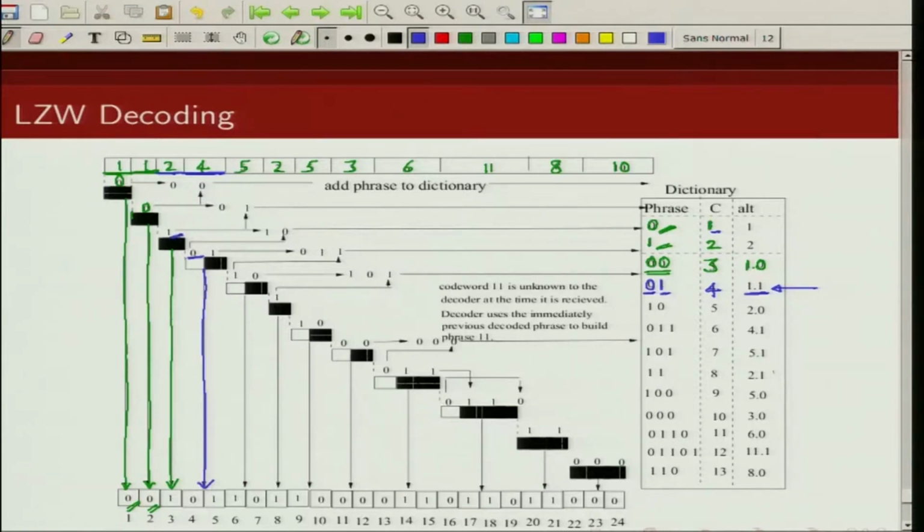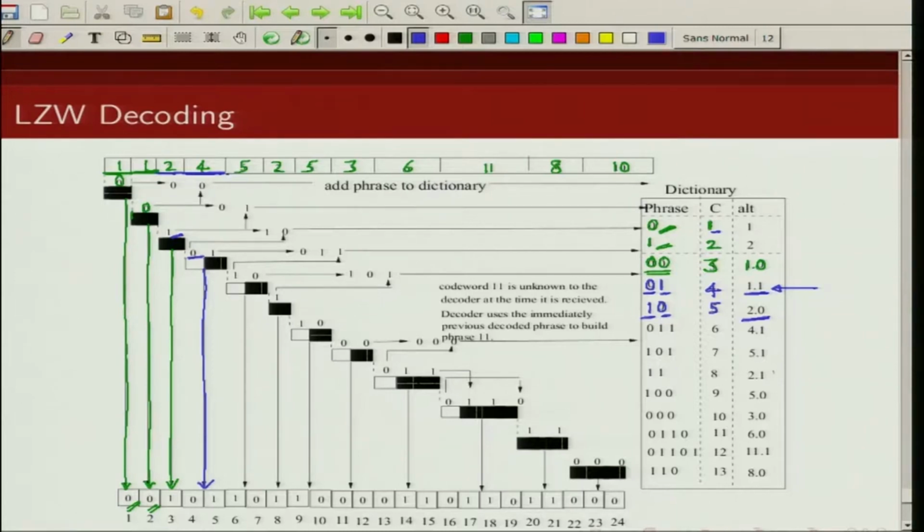So I am going to add 1 0 to my dictionary. That's code word number 5. And again this can be written as the concatenation of 1, which is code word number 2, with the innovation symbol 0.